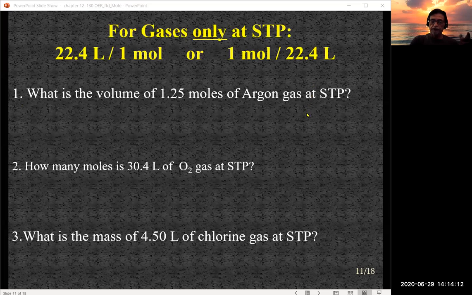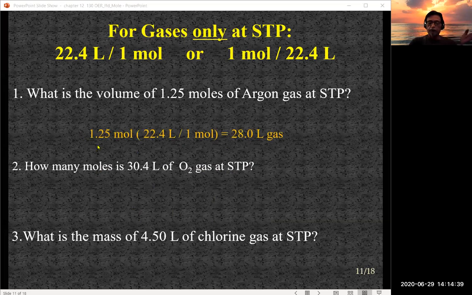Now, how can we use that? Well, here's the question. What is the volume of 1.25 moles argon gas at STP? Key part, STP. Without that, we can't do anything. The answer would be cannot calculate, not enough information given. But here we're at STP. And so we write down what we're given, 1.25 moles of argon gas.